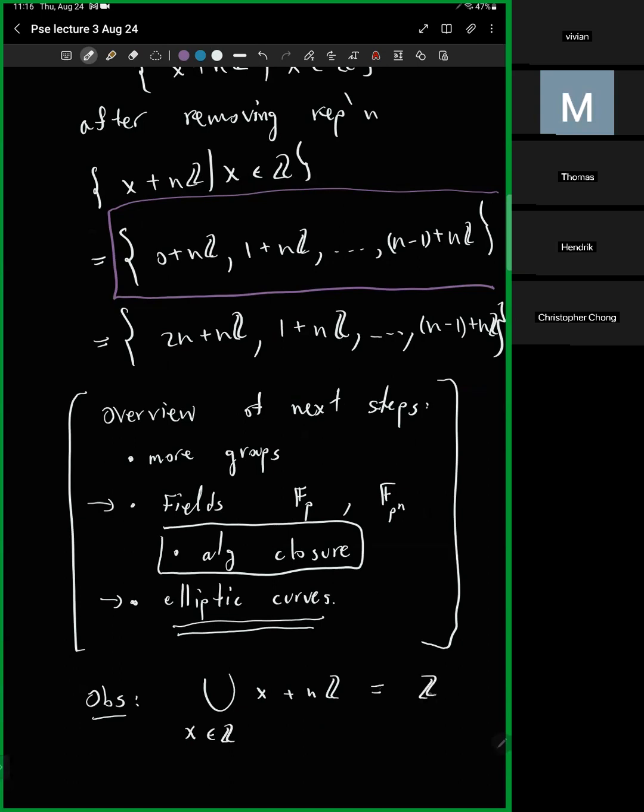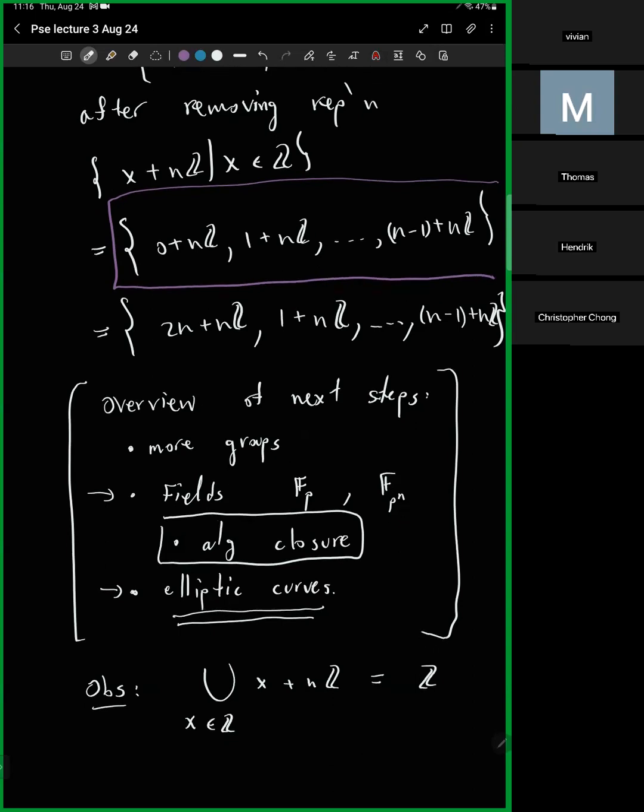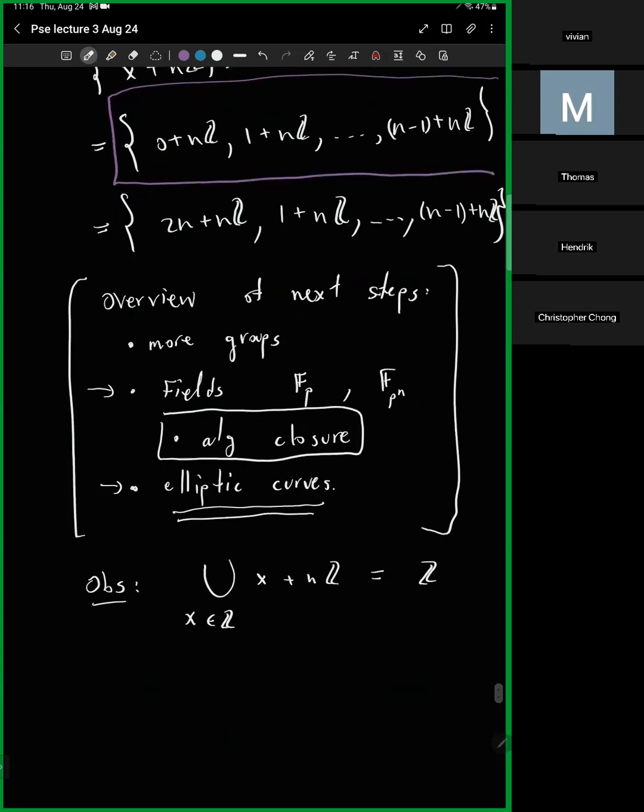I mean, every element is an element in some coset. These cosets simply cover everything. And this is not a coincidence. This is in fact a general phenomenon.